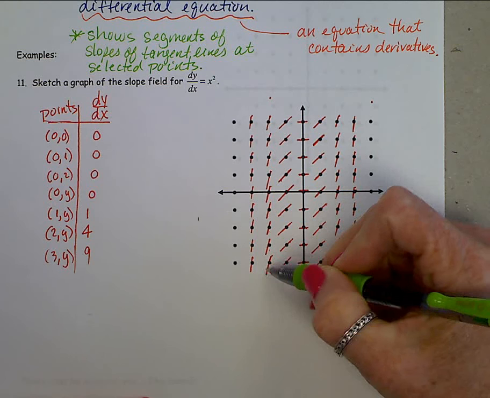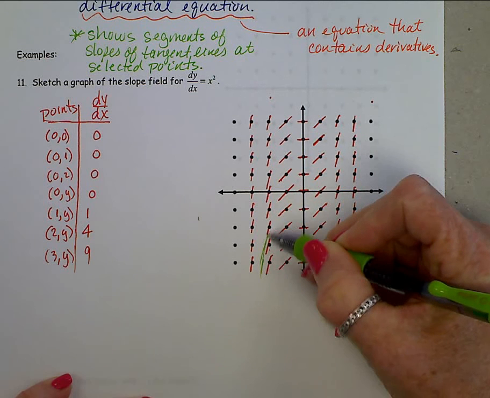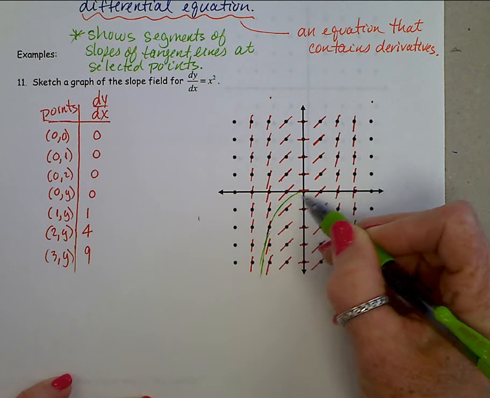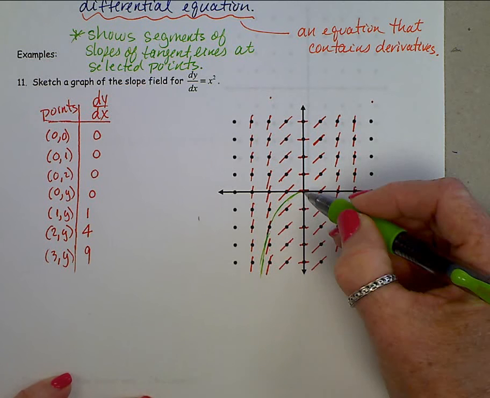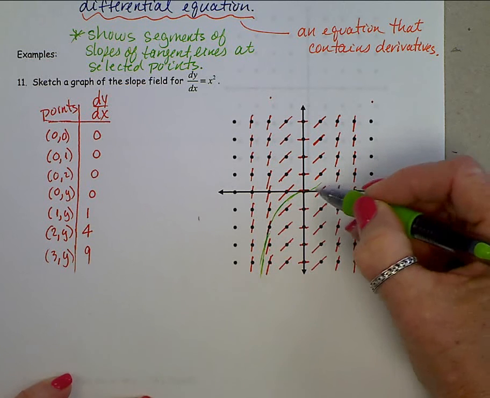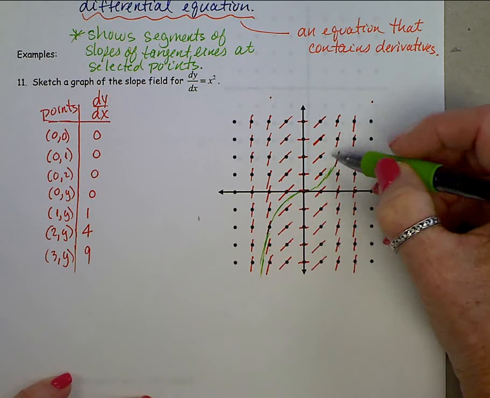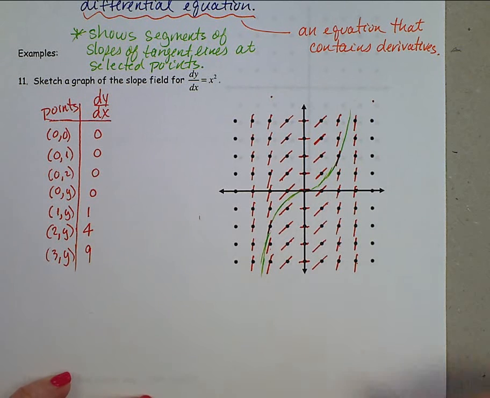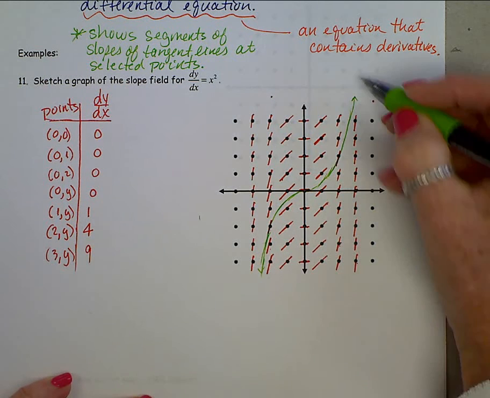We're seeing a curve, and I'm following those slopes, flattening off. Sometimes I hit an actual little tangent segment, sometimes I go between them, but regardless of where I am, I'm following the direction of those slopes. And when I sketch that curve in there, that one single curve is called a particular solution.